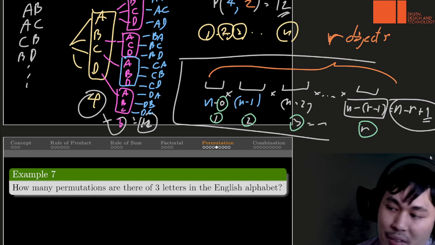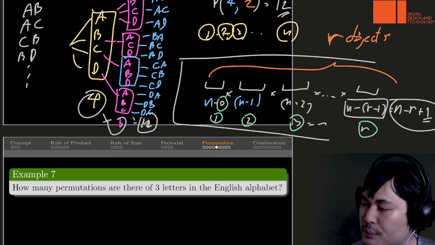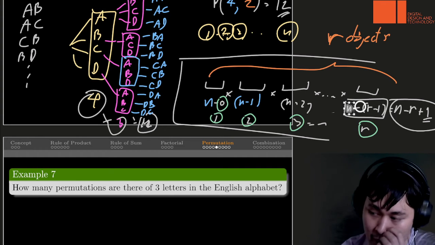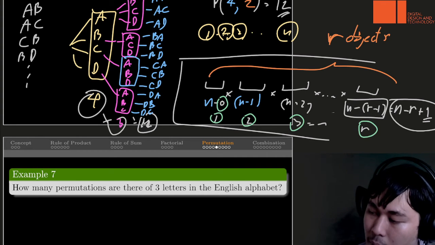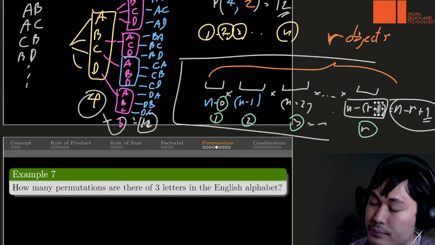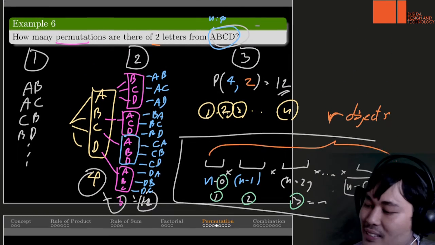So in the formula, you see that the last number is n-r plus 1. In fact, I think this makes more sense if you write it as n minus open parenthesis r-1 close parenthesis. So that's the proof of the formula.